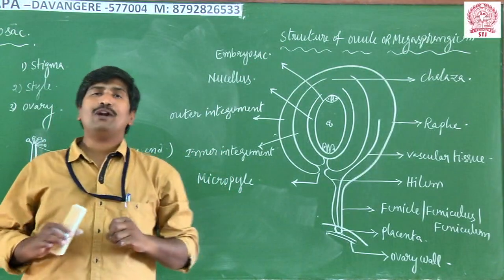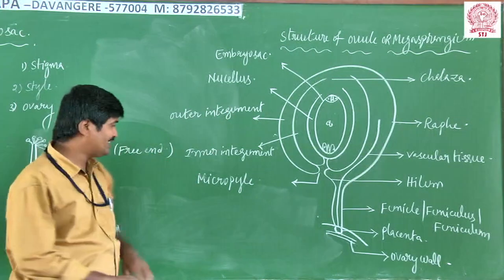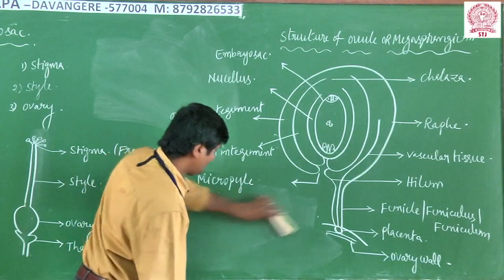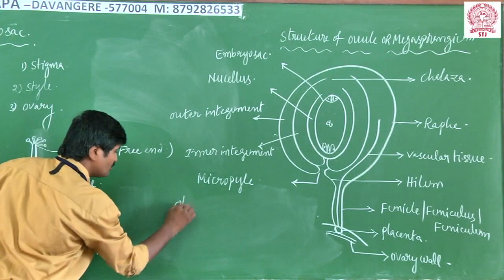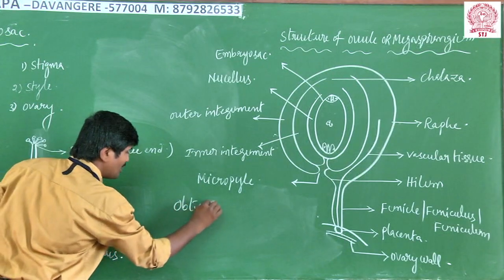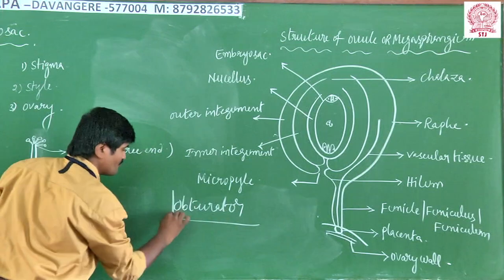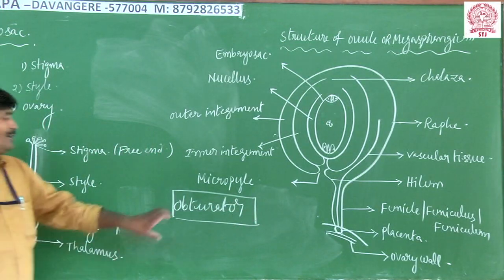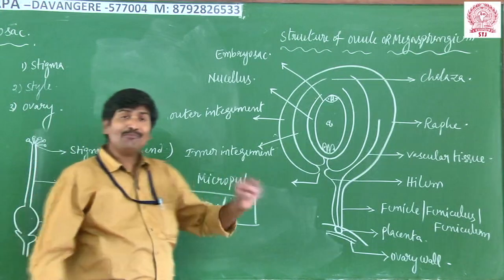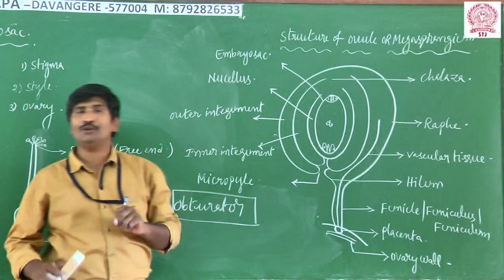One more important point is there based on this structure of the ovule or Megasporangium. See here, one is the obturator. Obturator means some filaments develop from the funicle. What is the funicle?